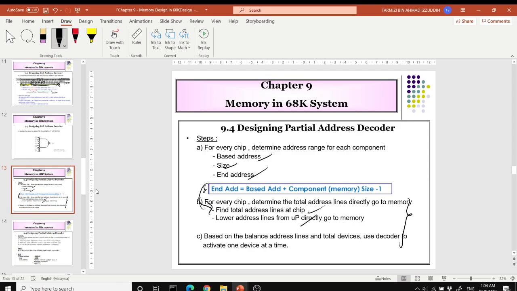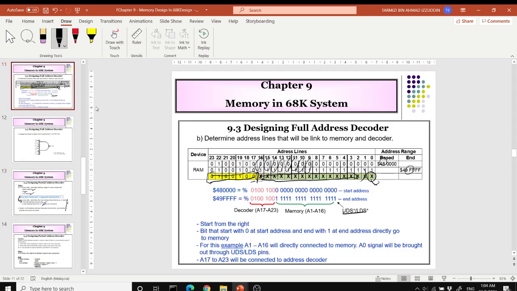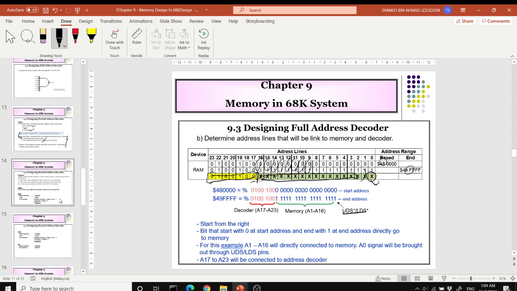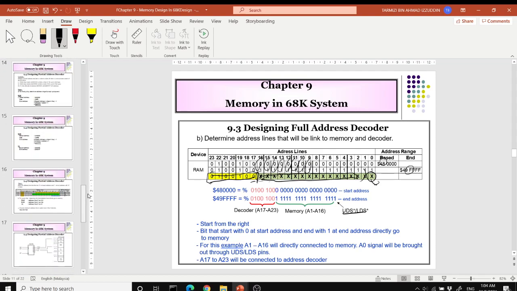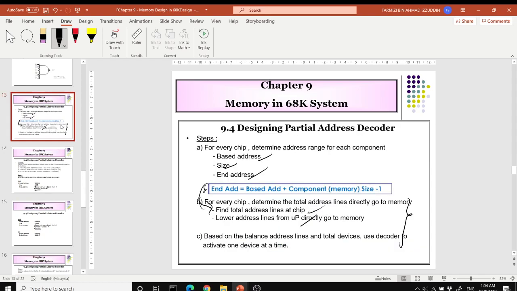And then you need to identify, similarly to the table I showed you last week, which part directly goes to the memory and which part can be leveraged to use as a decoder. It is fairly the same, and this is what is meant by the lower address lines.